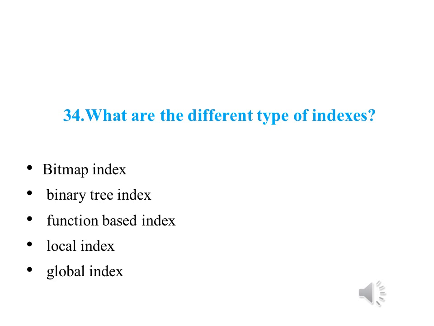So index gives the optimizer the path to use to retrieve the data. That's why we are using index. So for that we should know the different types of indexes and what is the use of those indexes. The types are bitmap index, binary tree index, function based index, local index, and global index.